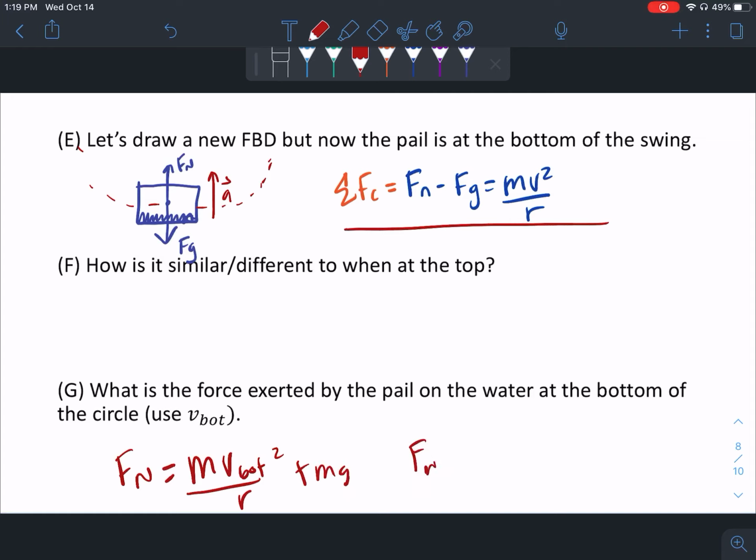So force normal would then be equal to m times v at the bottom squared over r plus g. So the big thing is just the sign change. Because the sign changed up here, it also changed down here. And so that is kind of looking at this example of the pail that is being swung in a circle.